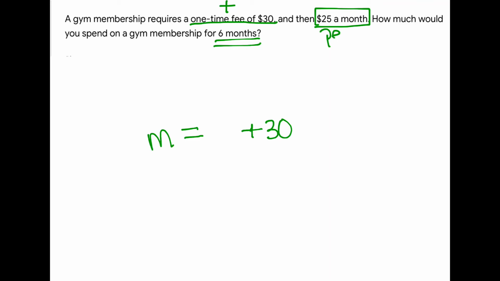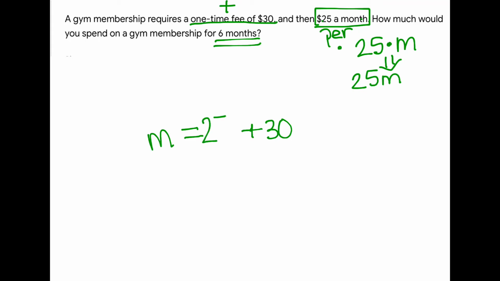We could say per month. And what does per mean? Per means to multiply. So we have 25 per month. And we squeeze those together, and that will give us 25M.